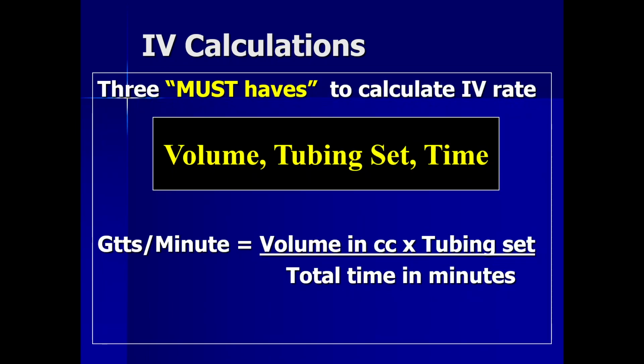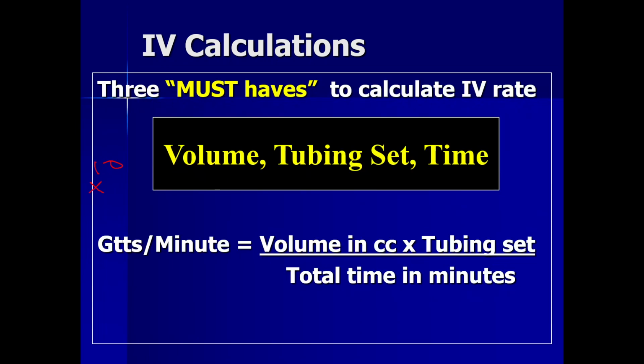They already give us the information that we need. We have a neonate patient who weighs 4 kilograms, and a 10 cc infusion per kilogram. That's pretty easy, 10 cc's or milliliters.